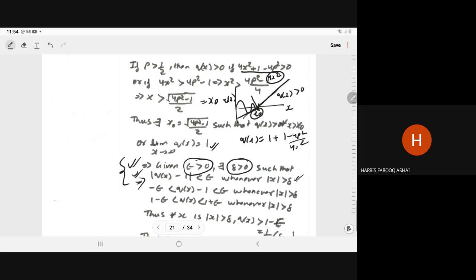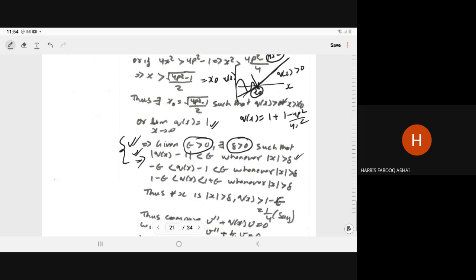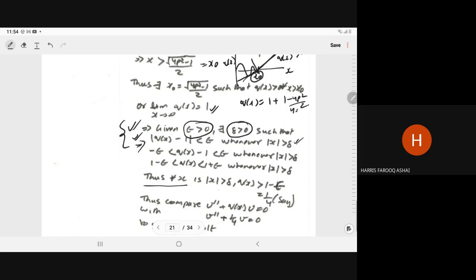With this we can say q(x) − 1 is greater than −epsilon but less than epsilon whenever |x| > delta. Taking the −1 to the right hand side, q(x) will be greater than 1 − epsilon but less than 1 + epsilon whenever |x| > delta. So for all x greater than delta, we can choose q(x) in such a way that it is greater than 1 − epsilon, let's say 1/4.